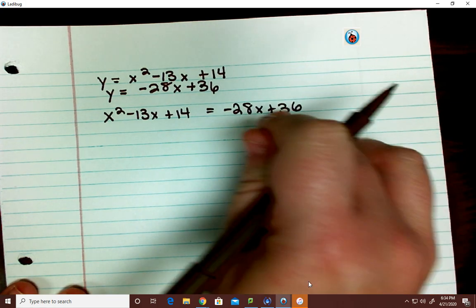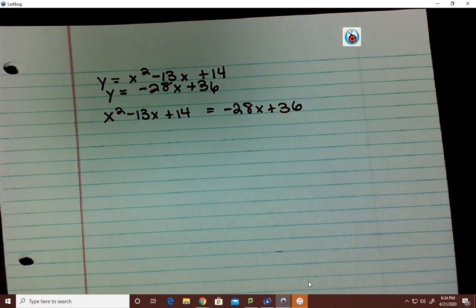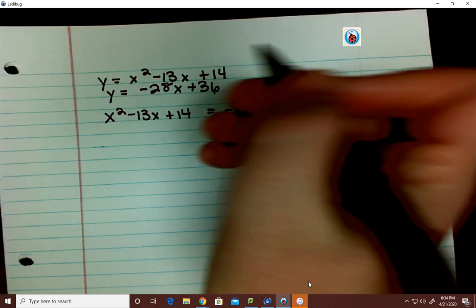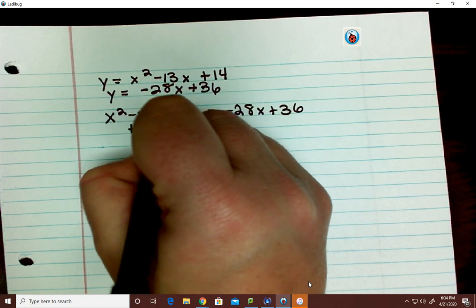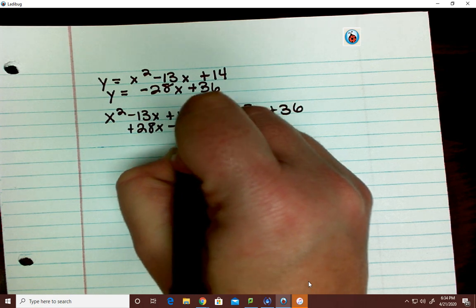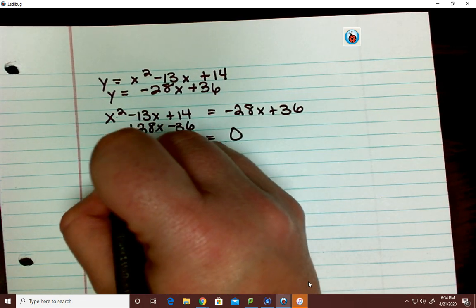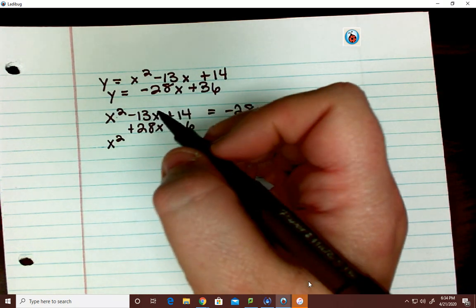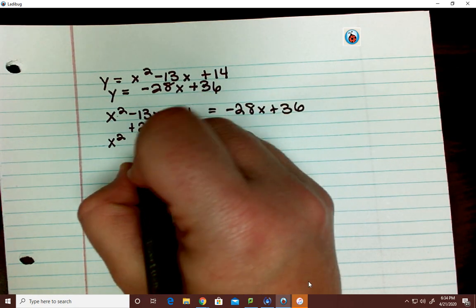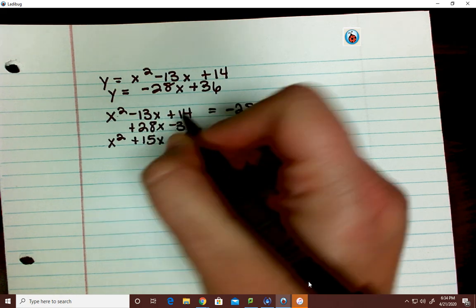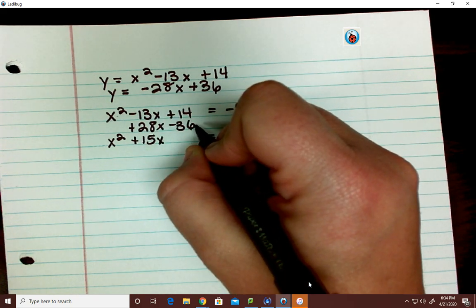Then I move these things over to the other side by changing their sign. So plus 28x minus 36, and that makes that 0. Bring down the x squared, negative 13 plus 28 would give me 15x.